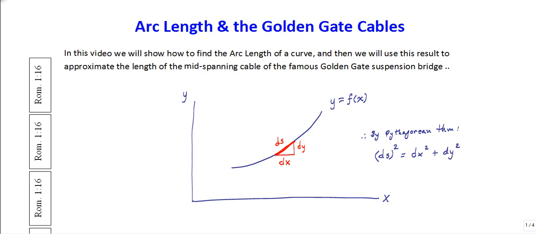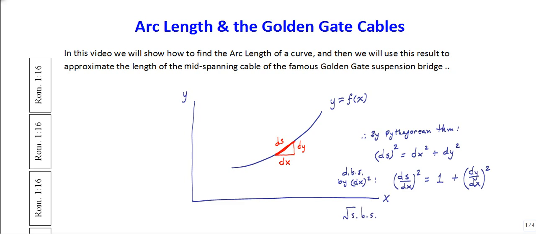And now I would like to divide both sides by dx squared. If I do that, I get (ds over dx) squared is equal to dx squared over dx squared, which is 1, plus (dy over dx) squared. And now I can take the square root of both sides.